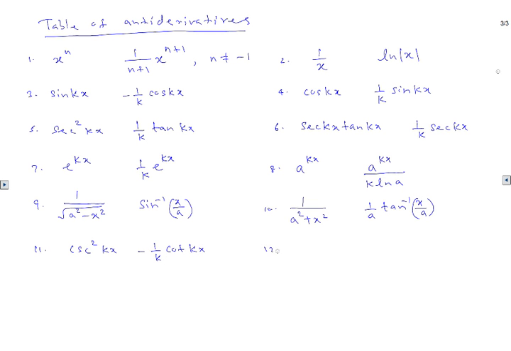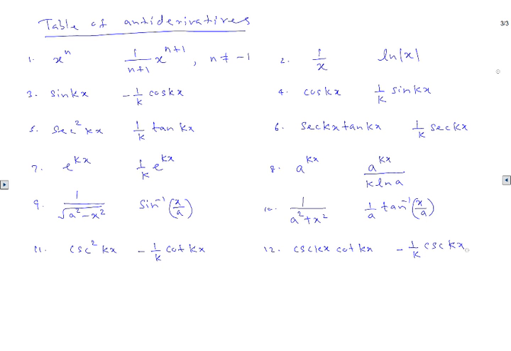And then number 12, cosecant kx cotangent kx, which is negative 1 over k cosecant kx. Okay, good.